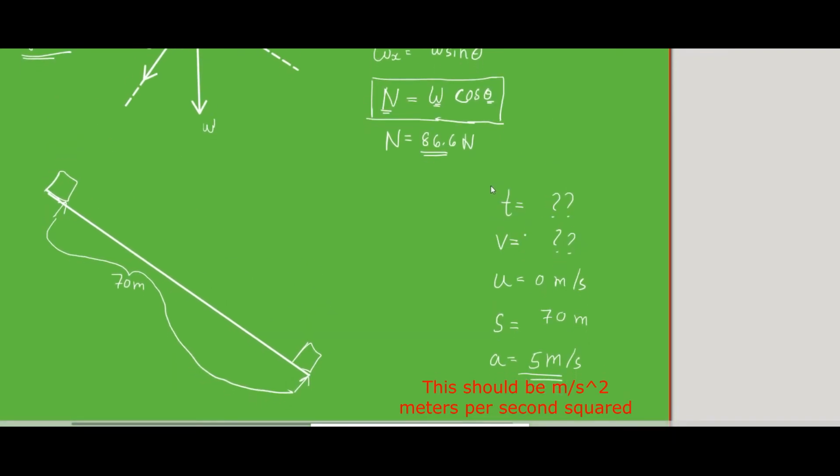Okay, so can you find out what is the value of T and V? 5.3 seconds. 26.5 meters per second.